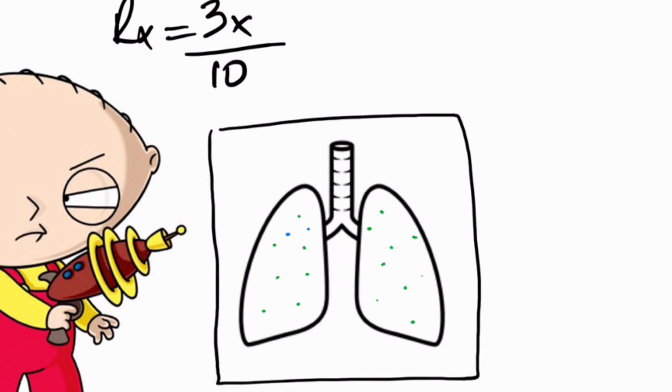But then there are some bacteria in the population which, just because of DNA replication and random genetic change, have a variation of this resistance gene which makes the bacteria much more resistant to the antibiotics Stewie's taking.